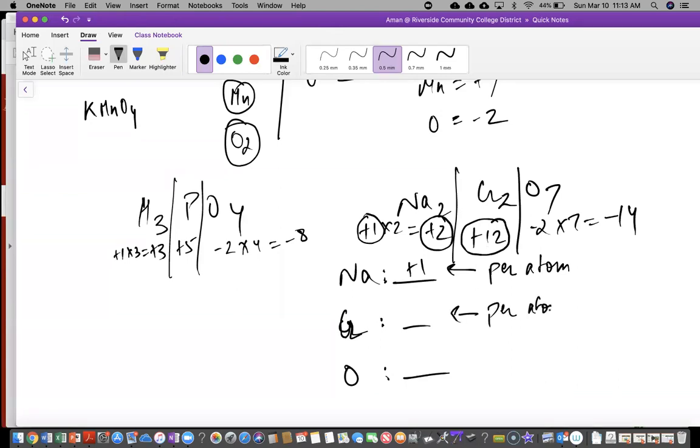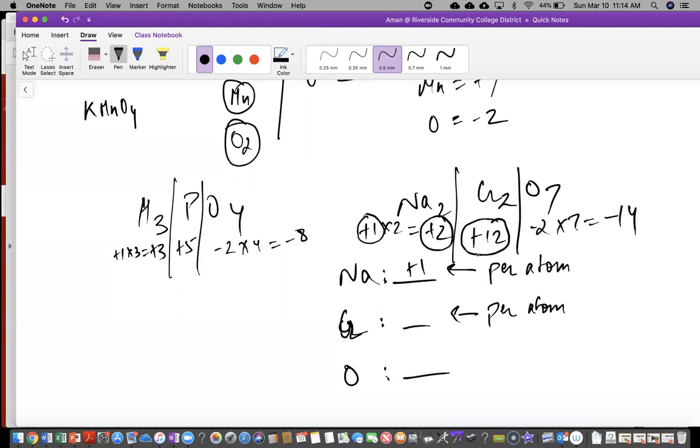So when I ask you per atom, what do you think is the charge? 2 chromiums have a +12 charge. Each chromium should be how much then? 2 of them are +12, so 12 divided by 2 will be +6.